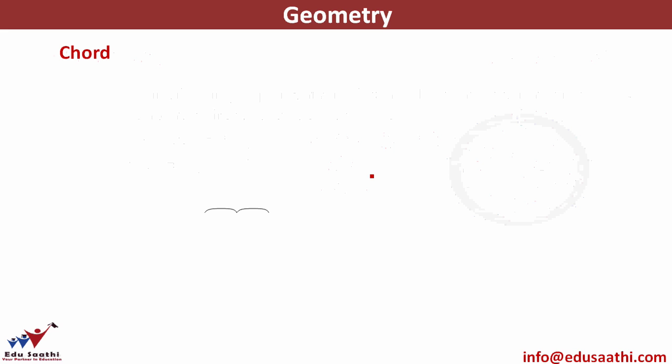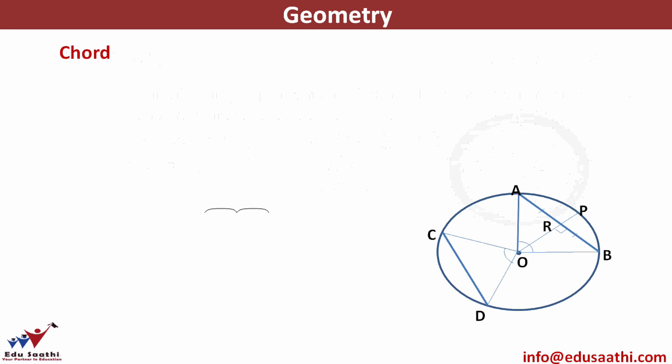Let's look at the next concept, which is the concept of a chord. This is a circle. If I join any 2 points on the circumference of the circle, I get a chord. Now CD here comes out to be a chord. Any 2 points on the circumference of the circle joined with a line, this line is known as a chord.